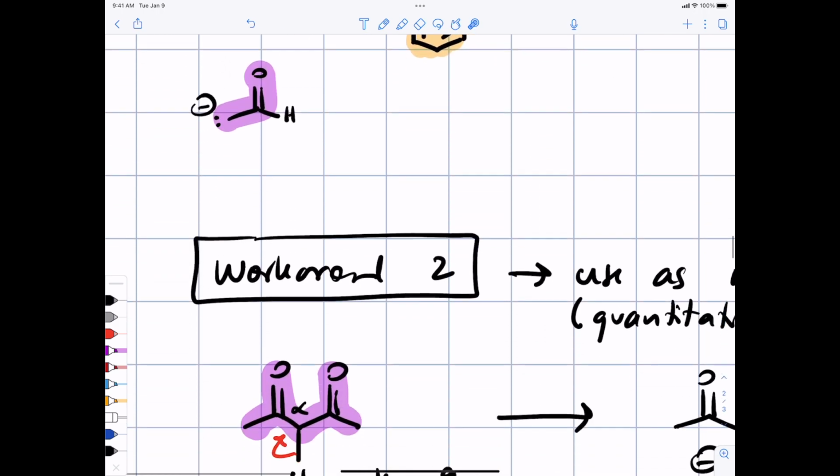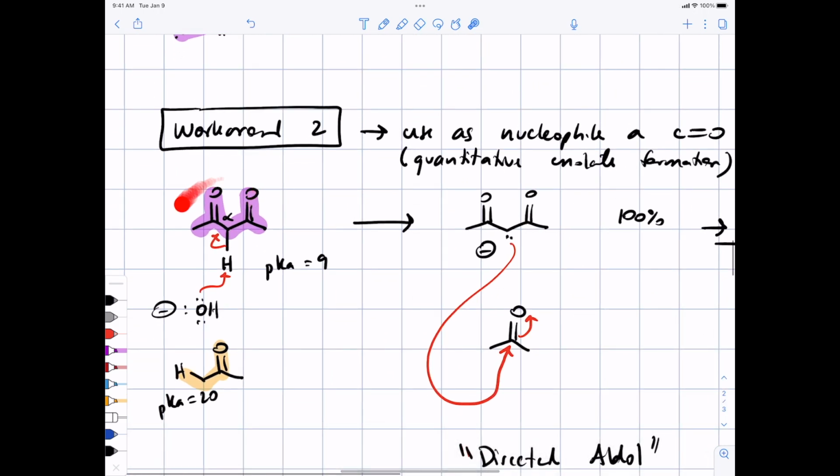Our cheat code on workaround 2 is we changed what ketone we were using. So yeah, I agree, it's not a great workaround for that. It's like we're moving the goalposts there. But if you wanted to do a crossed aldol reaction just to say that you did, this would be a way to do it. All right, other questions?